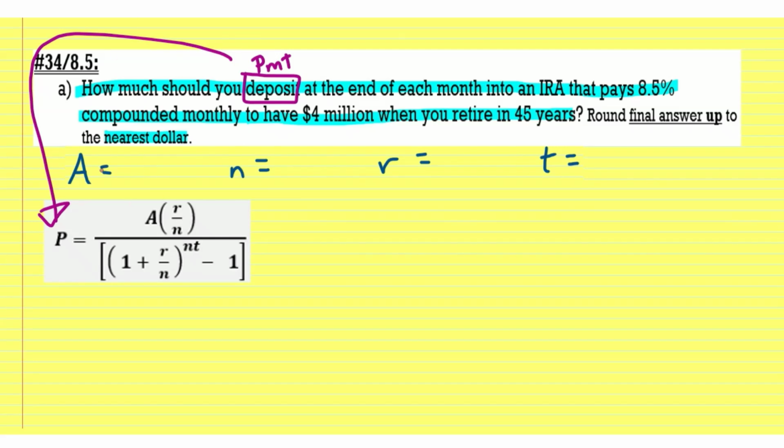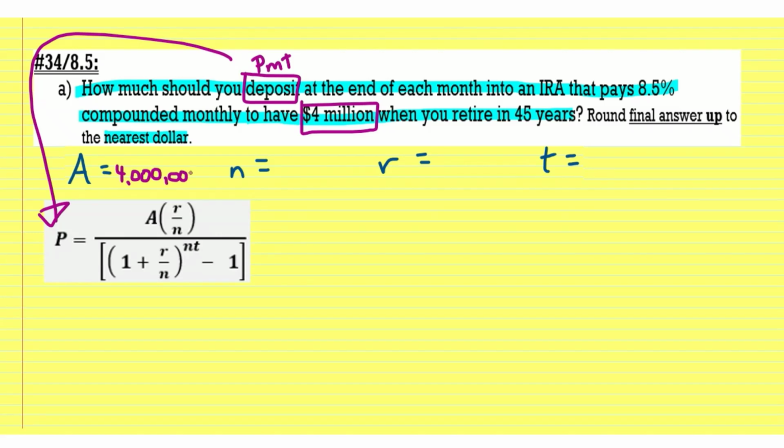Okay, we also need to find all of these pieces and parts that go into that formula. The A number. The A number is how much do you want to accumulate? How much money do you want to have at the end of this time period? Well, it says that we want to have $4 million. So we're going to write $4 million in here for our A number.